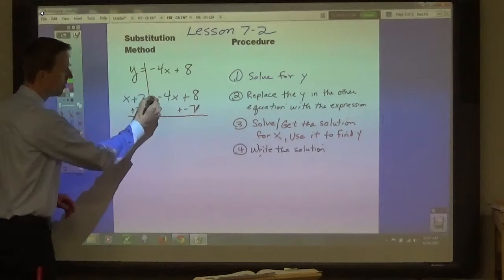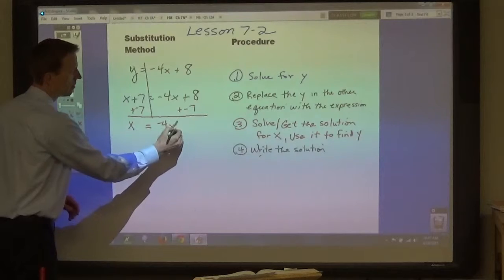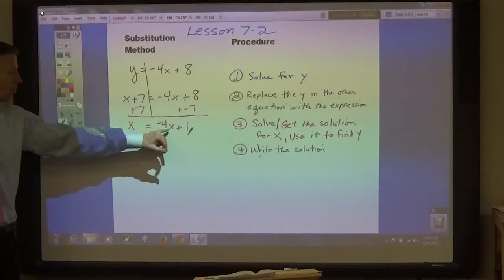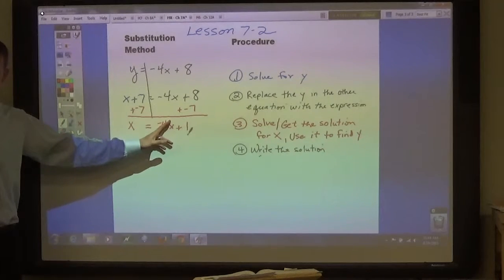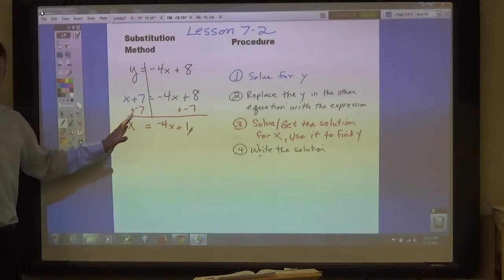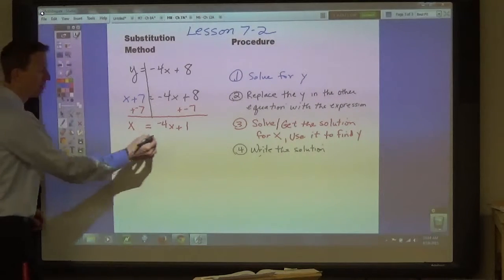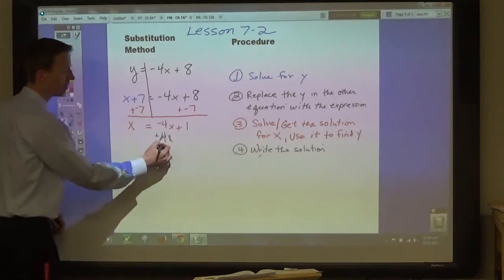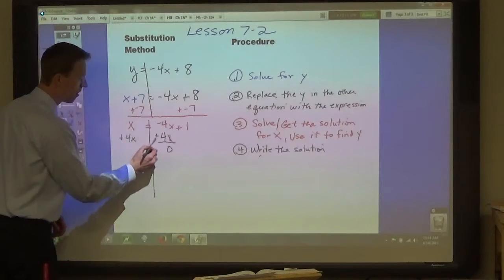Alright, so far, we have x by itself, and that equals negative 4x plus 1, right? Ready? Now, we still don't have all the x terms by themselves. We have an x term on both sides. We have to get rid of the x term on one of the sides. Add 4x to this side, and add 4x to this side.